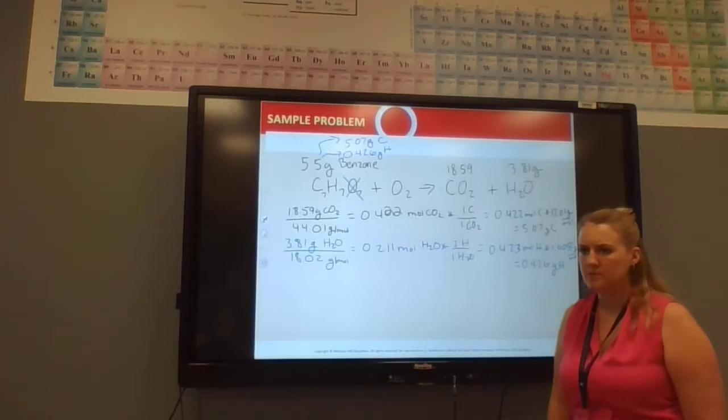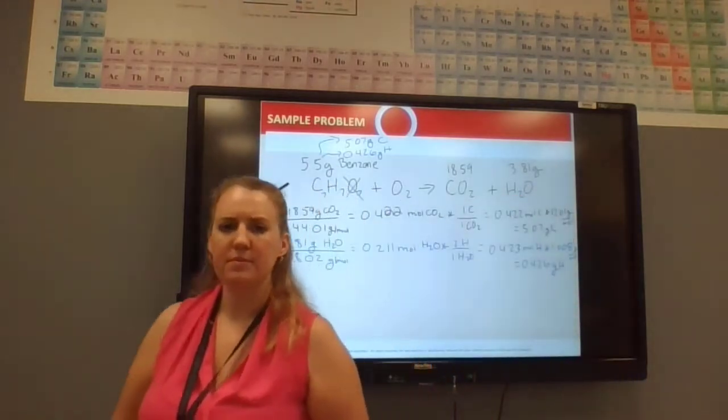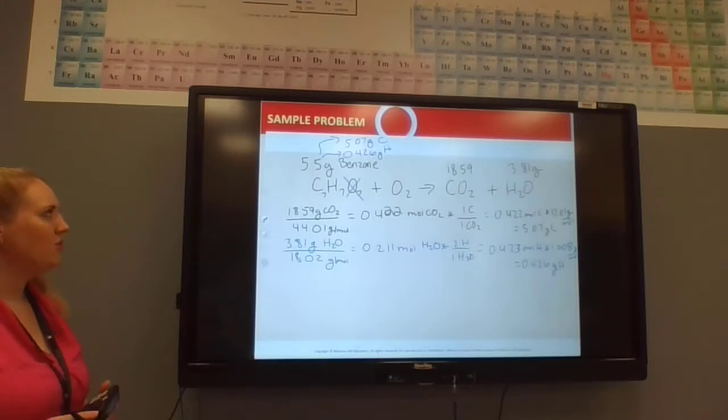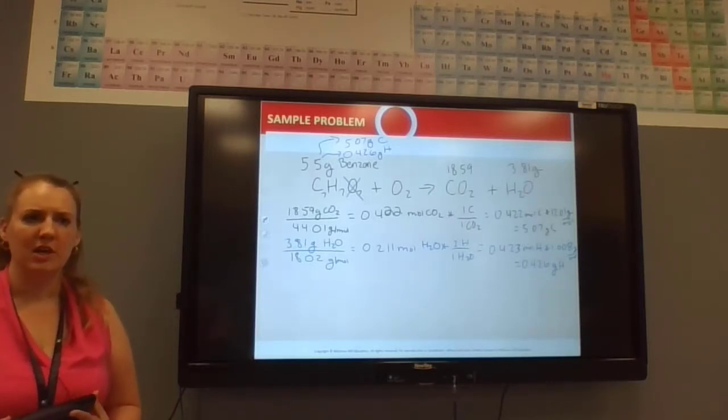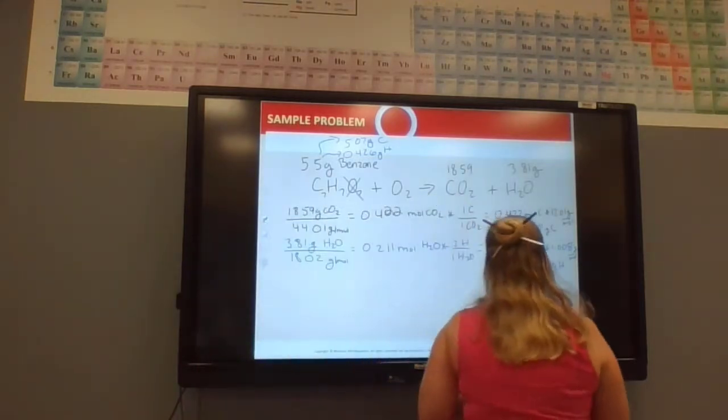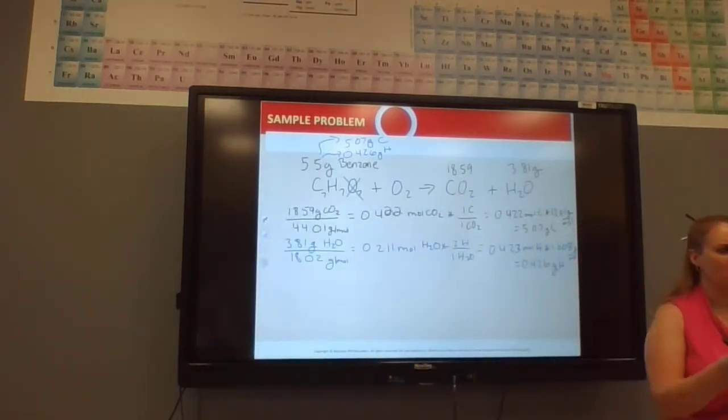All right. So now that I have grams of each, and I don't have to worry about oxygen, here's a neat thing. The first step, once I have grams, is to do what with them? Convert them to moles. Do I already know what the moles are for each of these? Yes, I already did that on the problem right there.